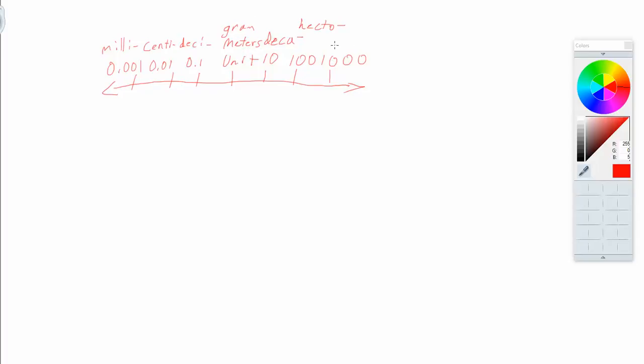After that, you have 1,000ths, which is kilo. So a kilometer is 1,000 meters. So if you're wondering how many meters in a kilometer?